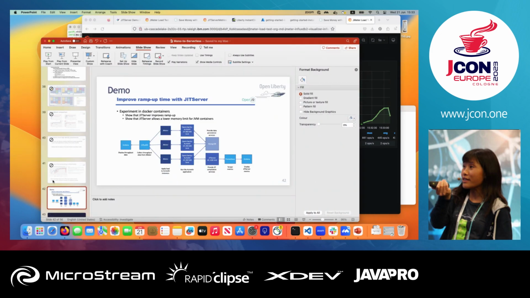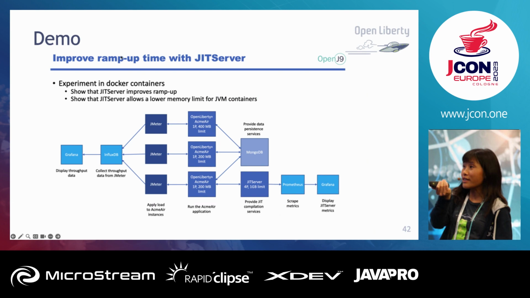Okay, let me go here. Okay, so that's OpenJ9. Basically, how did IBM Java help out with this startup and ramp up time?